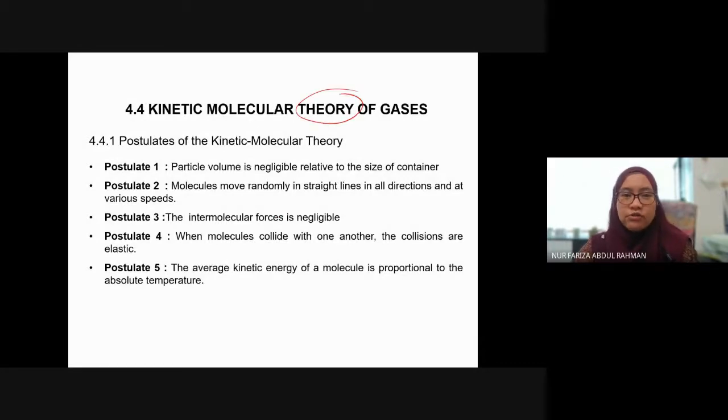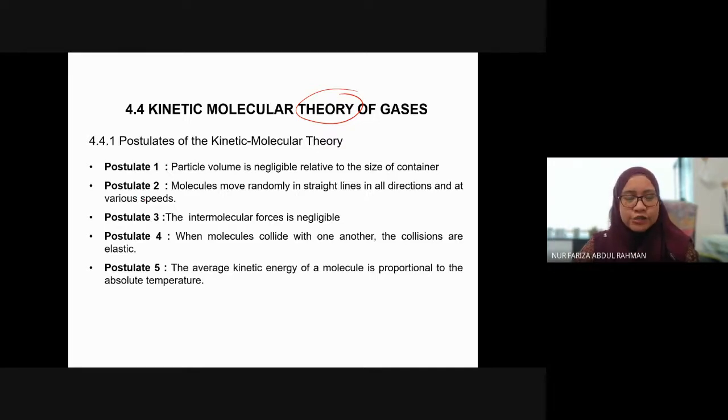So the term theory itself, what are the theories in kinetic molecular theory for gases? Theories or postulates or assumptions, those are all the same thing. Sometimes we use them interchangeably, but they all carry the same meaning.